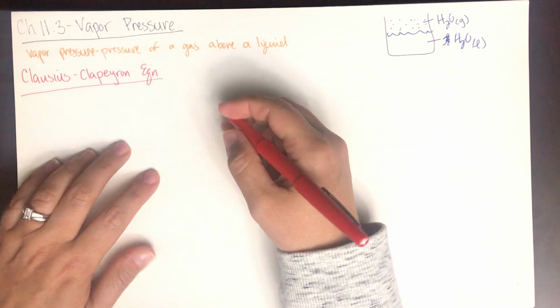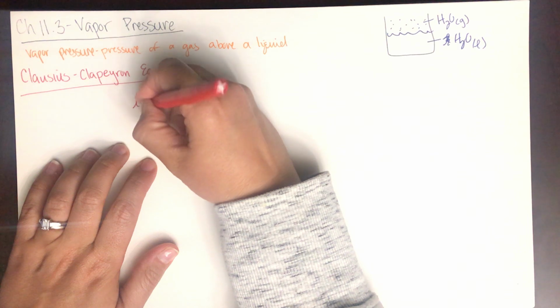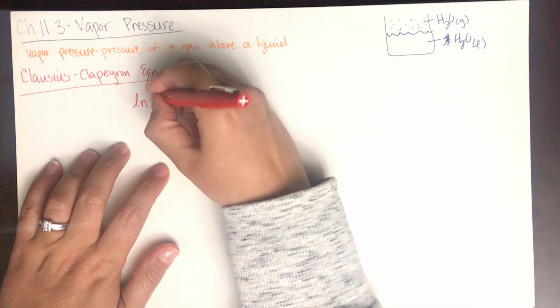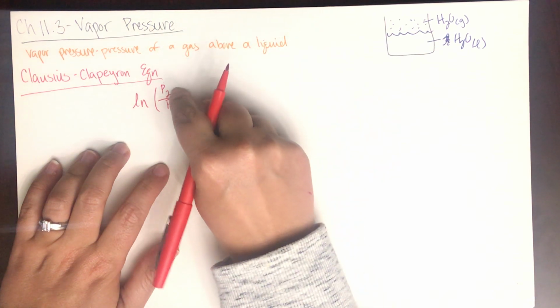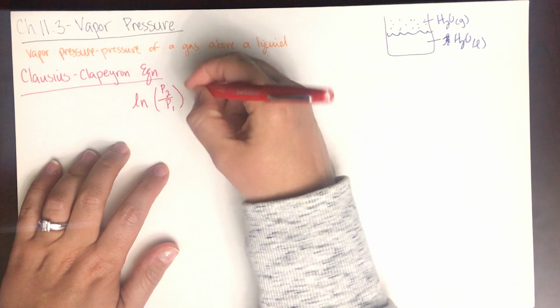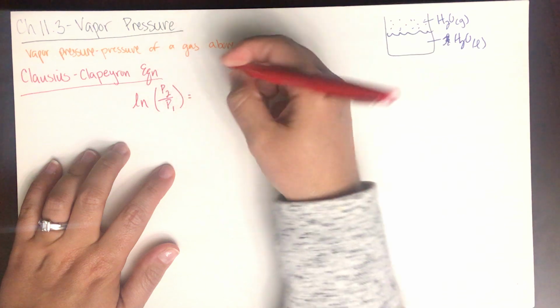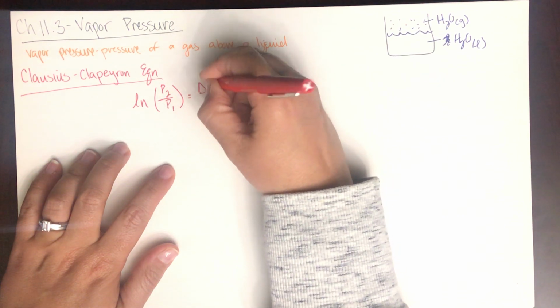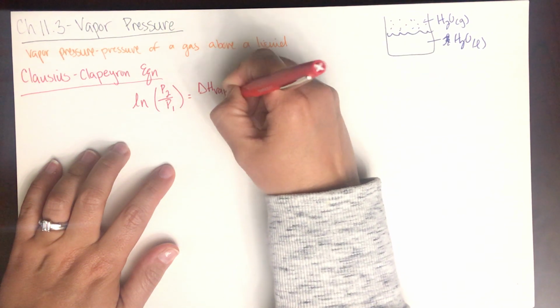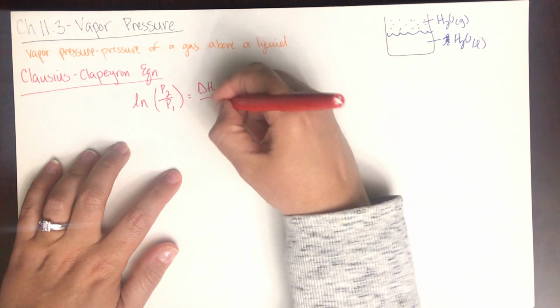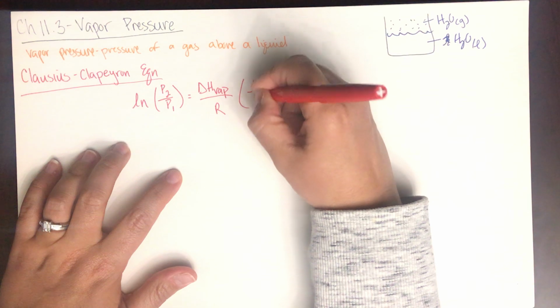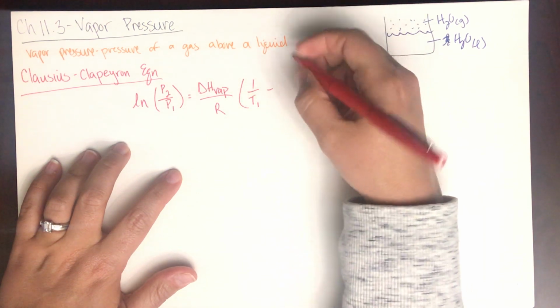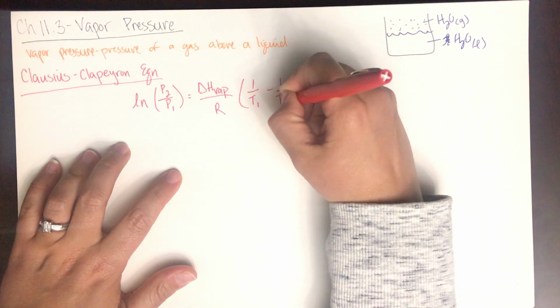It looks like this: the natural log, ln, of P2 over P1, so this would be like final pressure and initial pressure, equals the enthalpy of vaporization, the heat of vaporization, over R, times 1 over T1 minus 1 over T2.